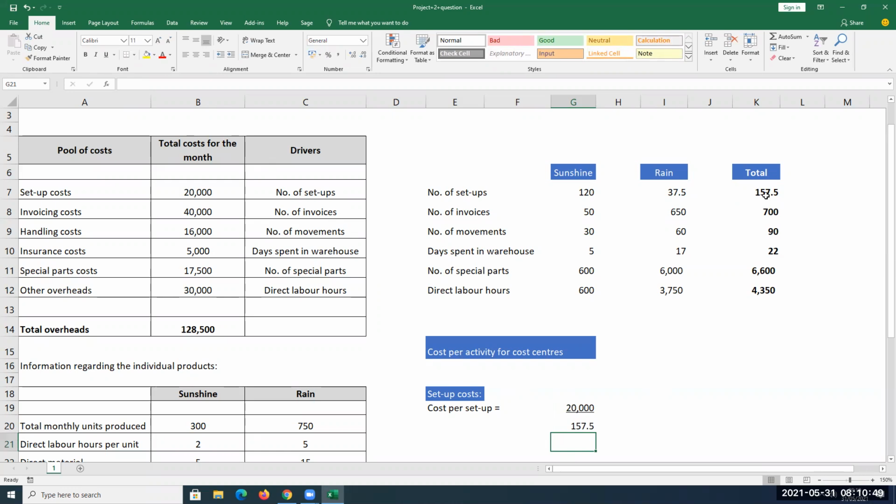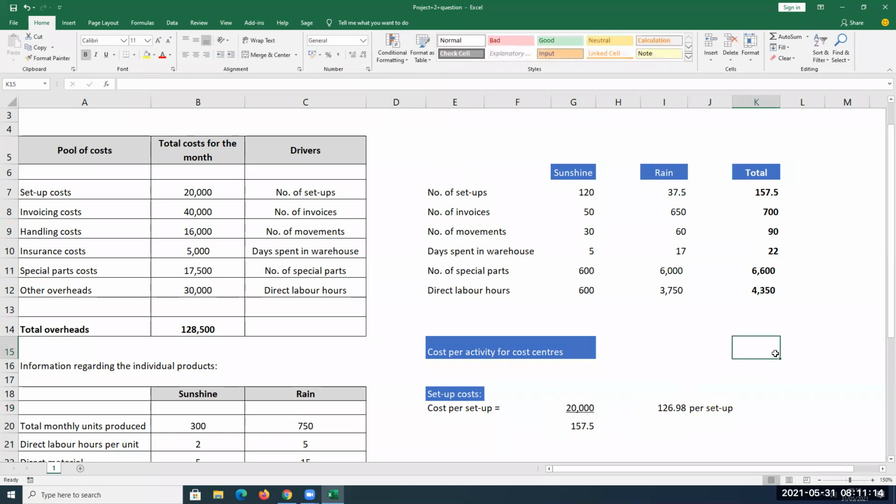So the cost per setup is 20,000 divided by 157.5. I round that figure to 2 decimal places, so it's 126.98 per setup.